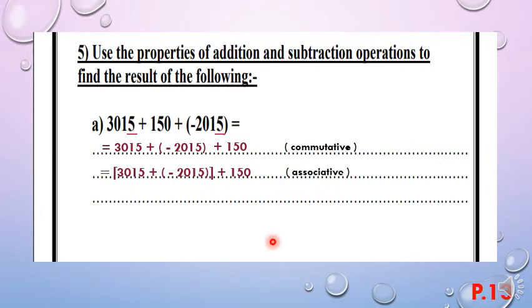Associative. Now, what is the result of these brackets? The result of the brackets is 1000. 1000 plus 150 equals 1150. This 1150 belongs to Z, which means that this is closure property.